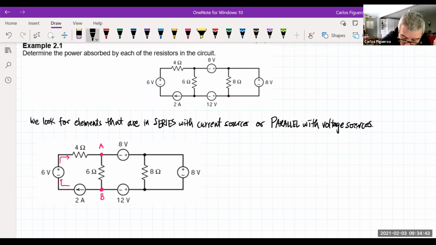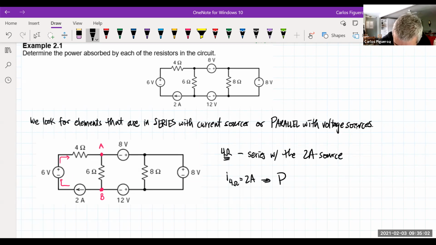So right away, when I look at the 4 ohm resistor, we could see here is that it's in series with the 2 amp source. So what does that tell me? That tells me that the current of the 4 ohm is then 2 amps, which then tells me if I look at the power of the 4 ohm resistor, since I know the current, I'm going to say it's the current of the 4 ohm squared times the resistance of the 4 ohm.